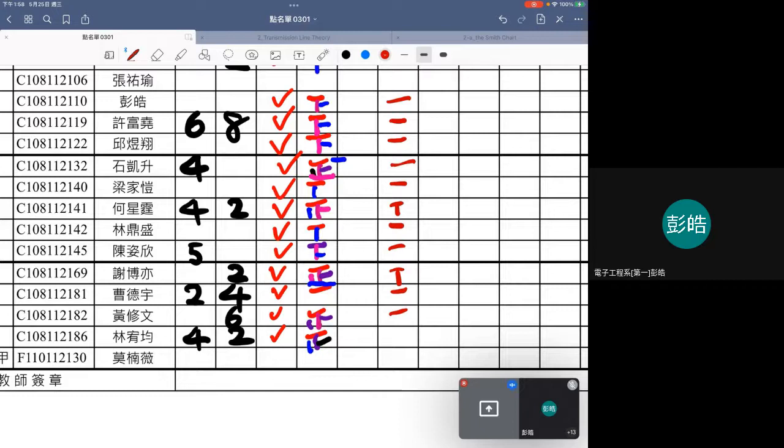And 施凯森, your notation is a little bit different from what I used last week. Maybe you can put a small L for number 3 for the real and the imaginary part. Okay, 施凯森, I think you understand.